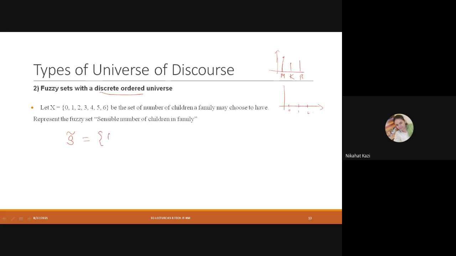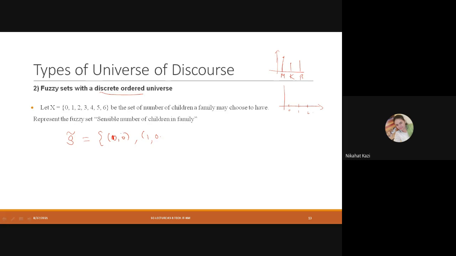So what I can do is, to 0, maybe I'm not giving any membership. So 0 has membership 0. But to 1, I'll give some membership, since it's close to 2, right? Remember, it's a fuzzy set. It is not a classical set.